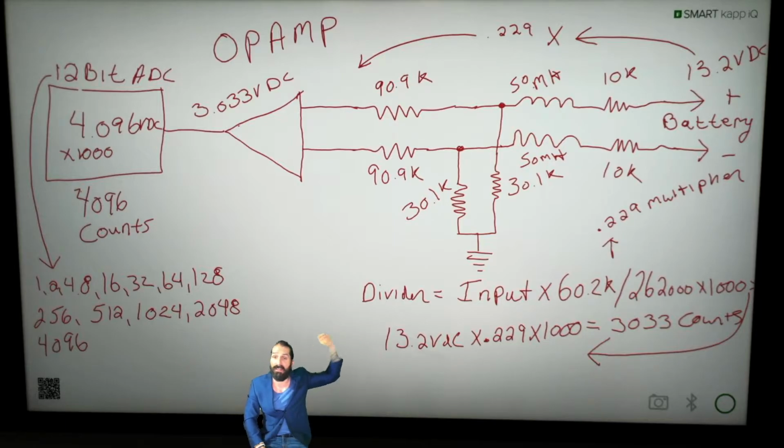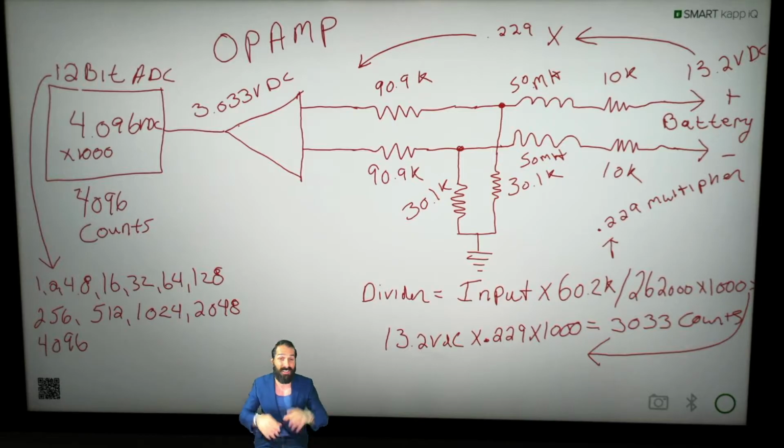That means all the 10K current limiting resistors out at the battery system, and then we have some inductors here, some filtration mechanisms, and then we have another 90.9K. We add everything together, and then essentially we're going to get a multiplier from that, and we multiply it by the input. Awesome. So let's jump into the Excel portion of this.